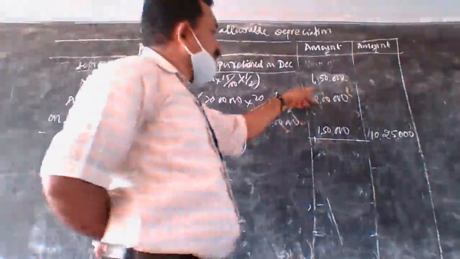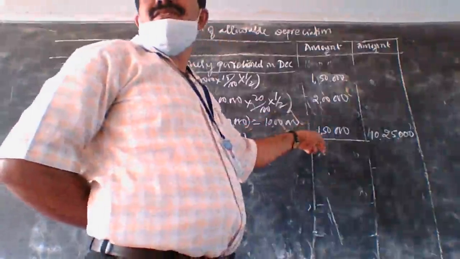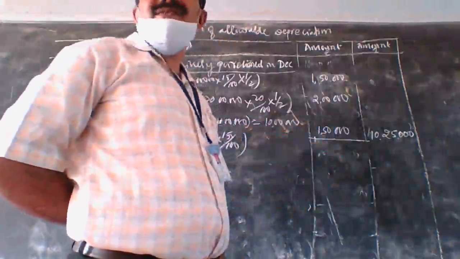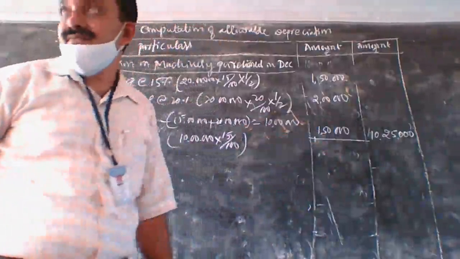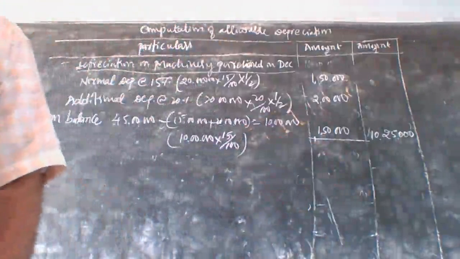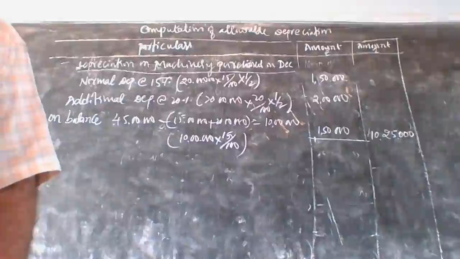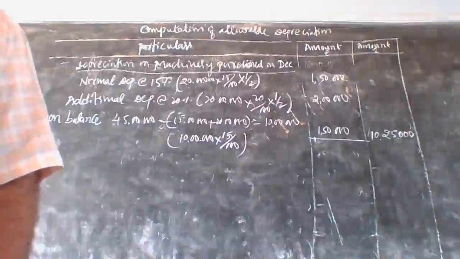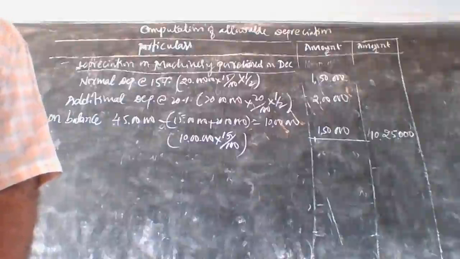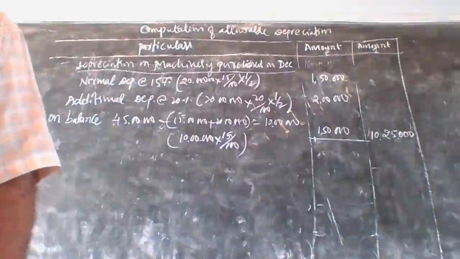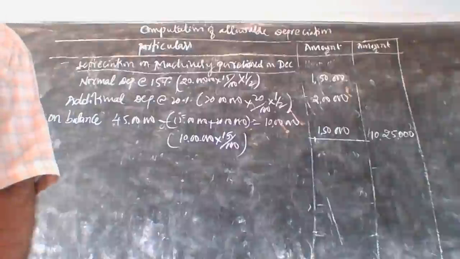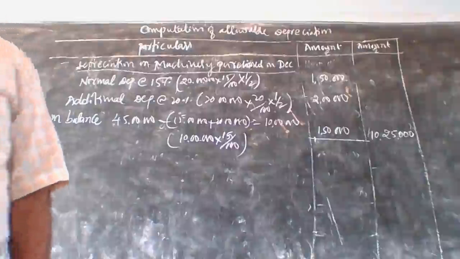Then this is 5 lakh. So 10 lakh 25,000, isn't it? Anything? Nothing.